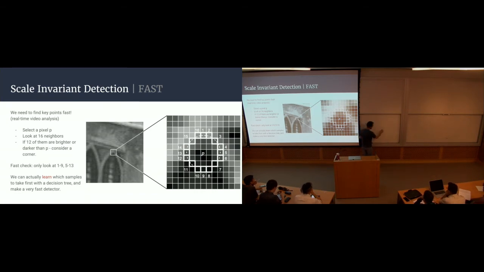So you have sort of this accept region and reject region. If you are within this region, you're considered to be roughly the same color as that pixel. If you're outside the region, you're a different color.